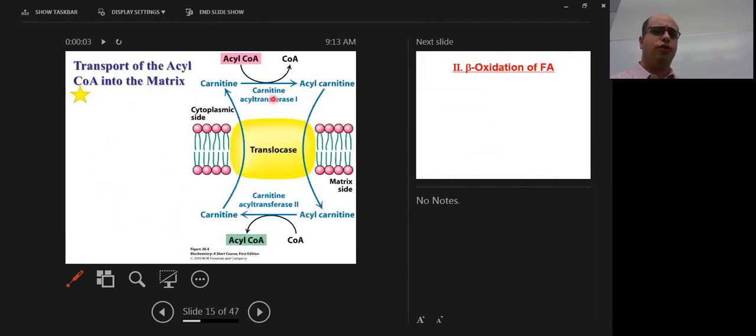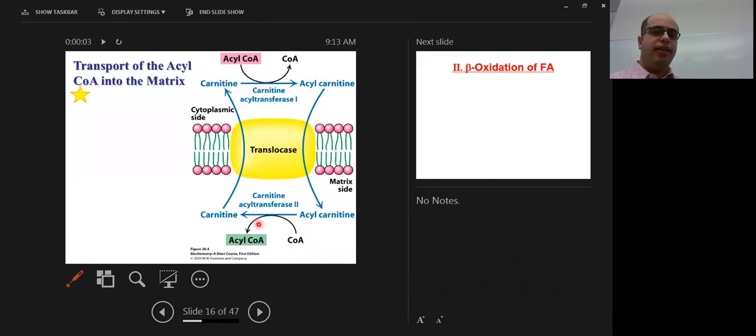And so this is done through a transport protein, which will take carnitine with this acyl group on it. As it moves that in, another carnitine gets bumped right back out. And so we have this cycle so that we can continually bring in the acyl group, that fatty acid group, and then remove the carnitine from the mitochondria to go back outside to pick up another fatty acid group.